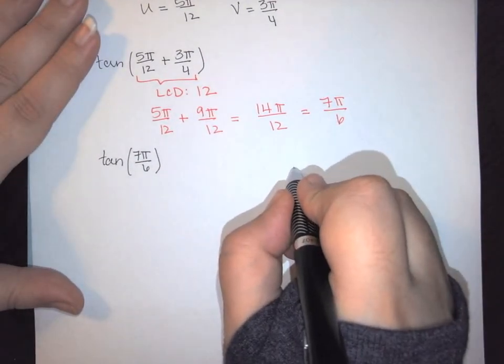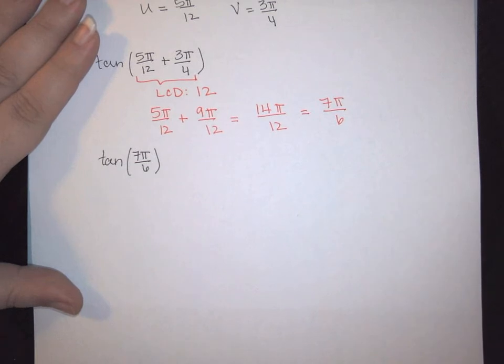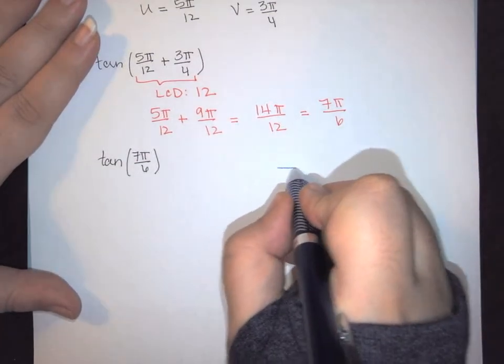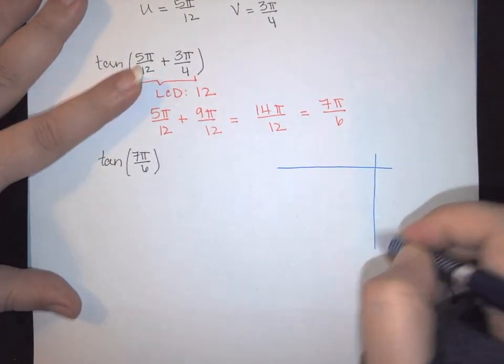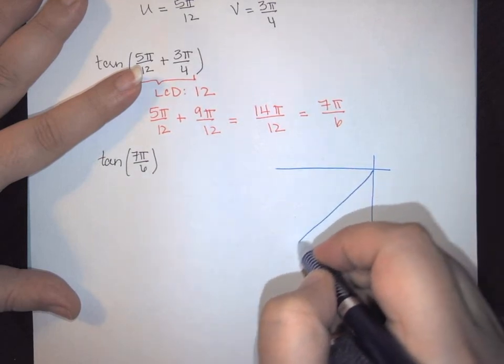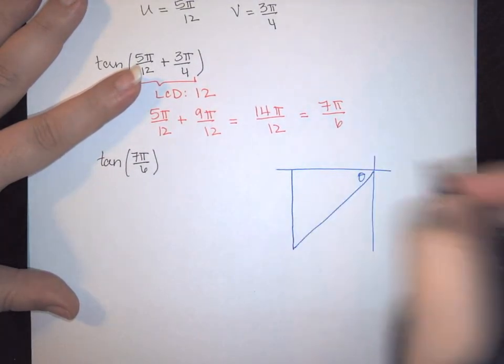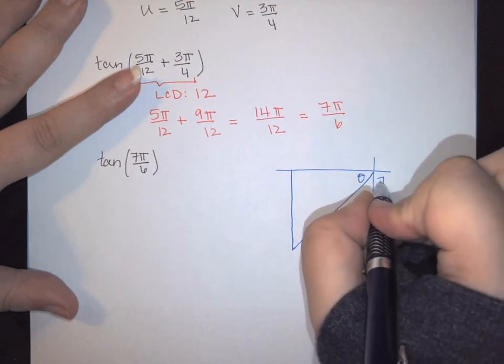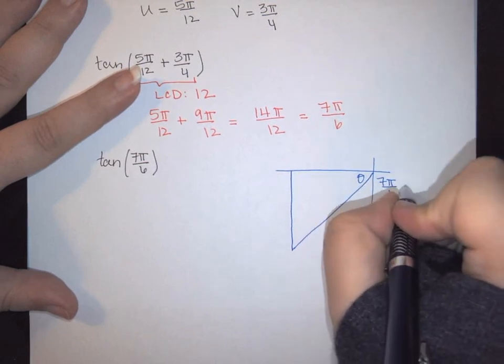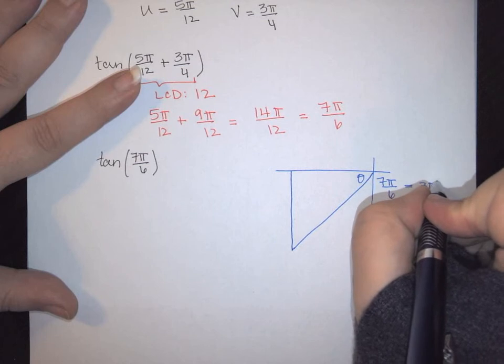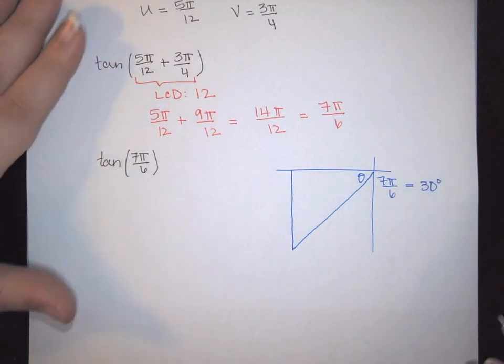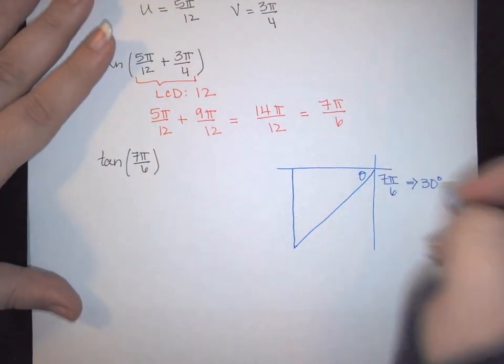And so here we're going to go ahead and draw that. Let me switch colors here. So we've got our coordinate. We're going to draw this triangle in right here. Here's our theta. So we know this is 7 pi over 6, which is the same as 30 degrees in terms of its reference.